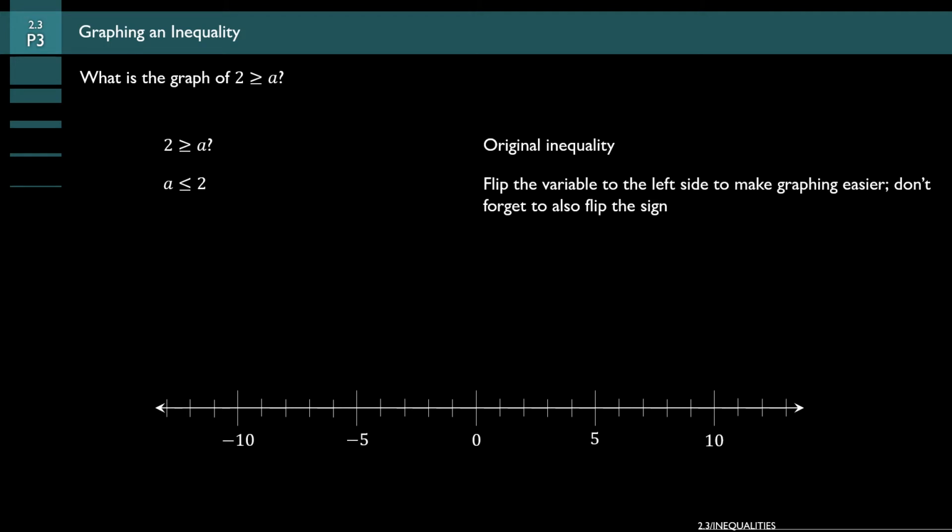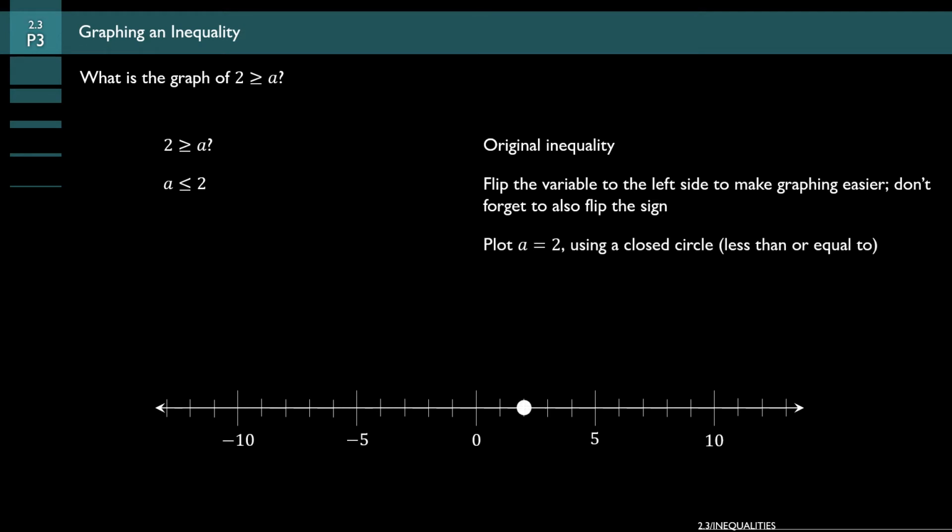The one thing you've got to be careful of is if you move the variable to the other side, if you switch the sides, then you also have to make sure that you switch your sign as well. So we go from 2 is greater than or equal to a, to a is less than or equal to 2. Once we've done that, we plot a equals 2.